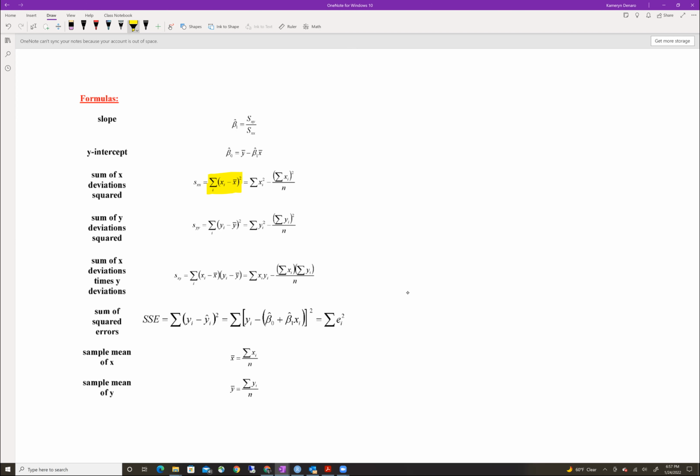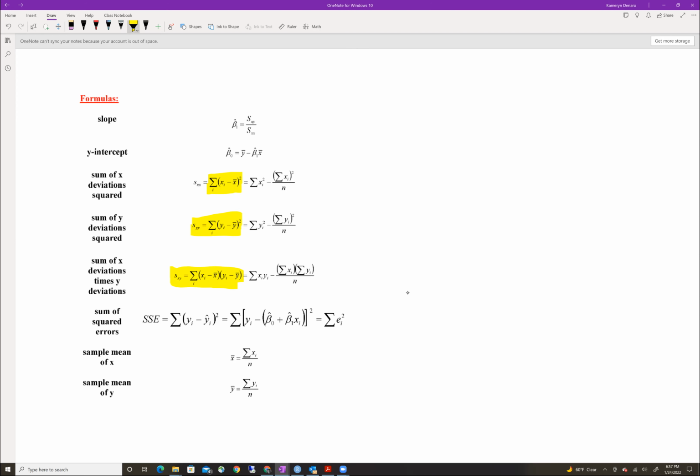For the sum of y deviations squared, SYY, that's the yi minus y bar. So for y deviations, we're taking the observed yi and subtracting y bar, and then we square them. Then the sum of the x deviations times the y deviations: we get our xi minus x bar, then we have our yi minus y bar.